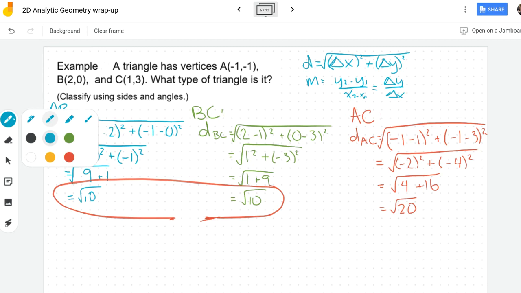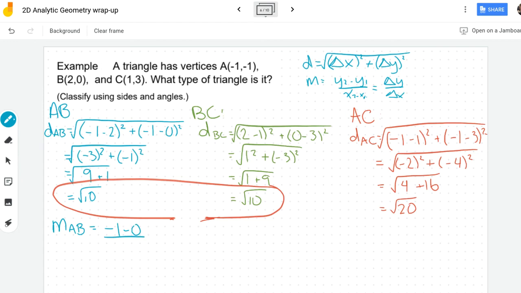So now we have to decide if it's a right triangle or not. So we're going to look at the slope of each of the lines and see if any of the two intersect at 90 degrees, which means the slopes would be negative reciprocals of each other. So the slope of AB is the change in the y values, -1 minus 0, over the change in the x values, -1 minus 2, which will give us -1 over -3, or 1/3.